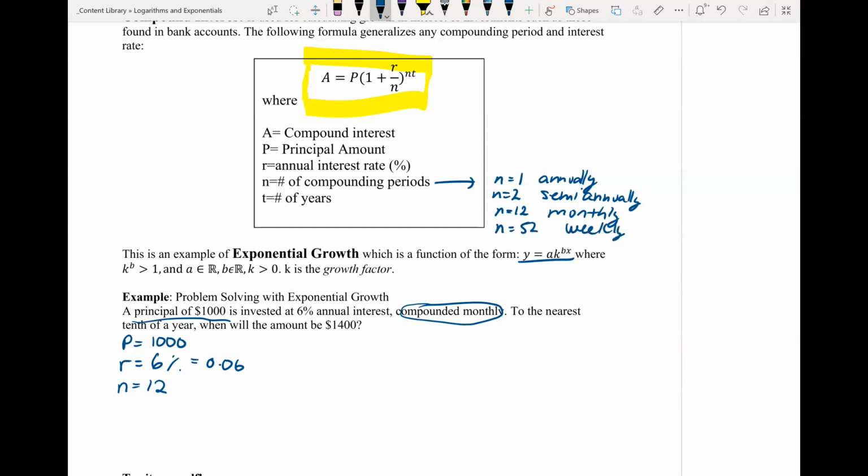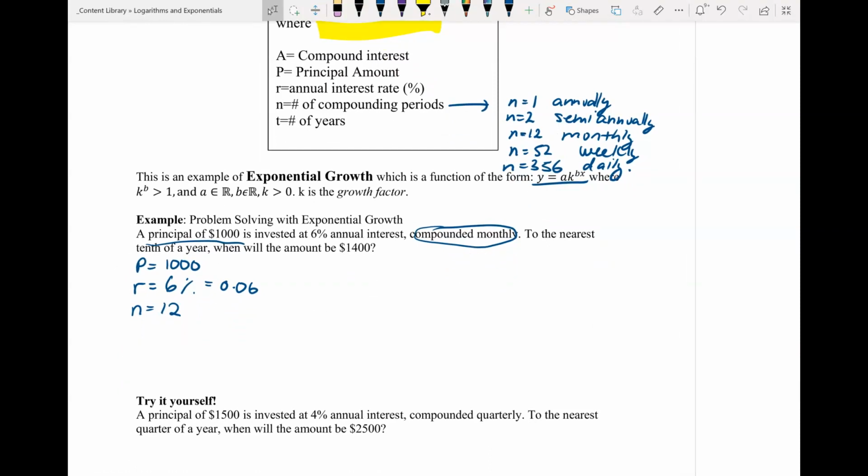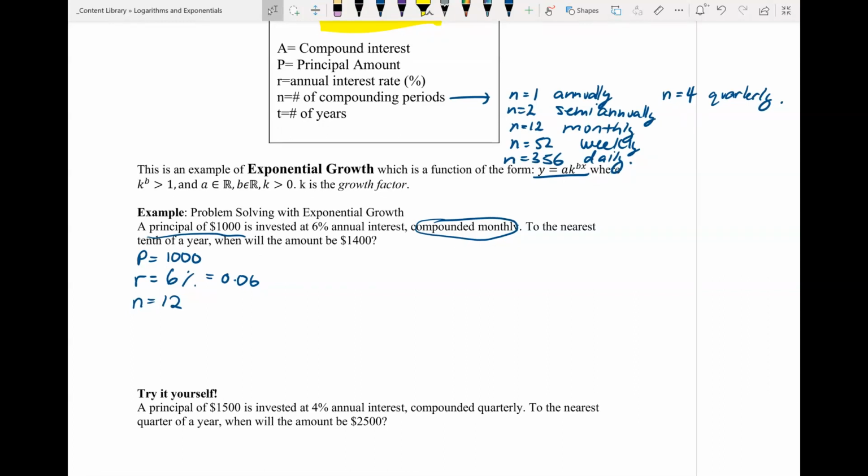And lastly, N could also be 365 for daily. And N is equal to 4 as well for quarterly. Okay, so because it said compounded monthly, our N is 12 because there's 12 months in a year.